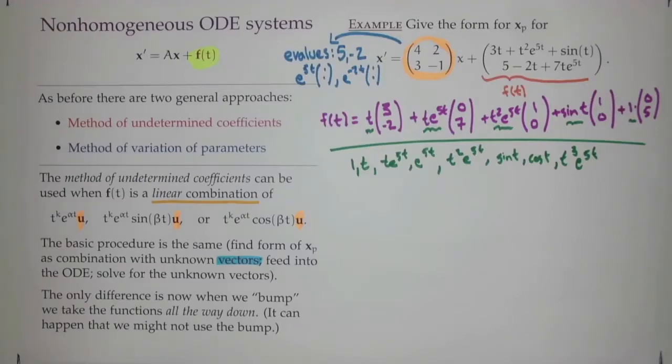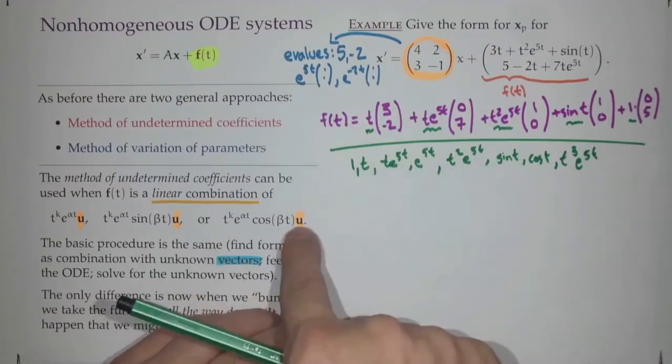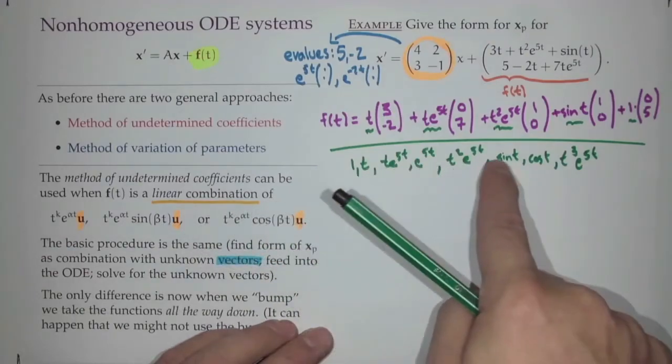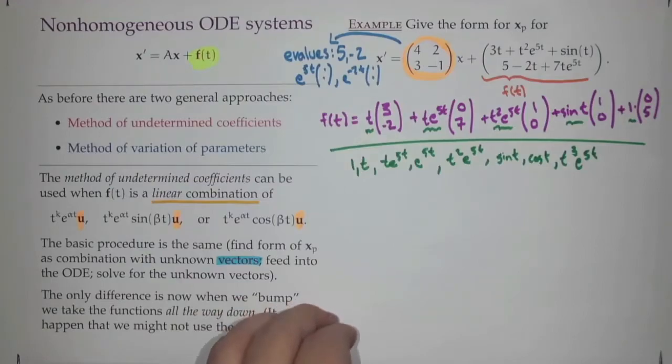All right. Well, that says these are the pieces, the functions that have to go into the little slots here. So there's 1, 2, 3, 4, 5, 6, 7, 8 functions. And then now, each one of those gets a vector.